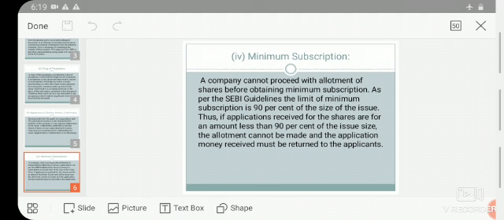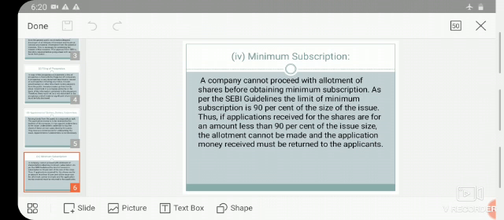That means the company has to collect a minimum number of share applications before going to the next stage. According to the Companies Act, this is called minimum subscription. Minimum subscription means the company has to collect a minimum amount of share amount.